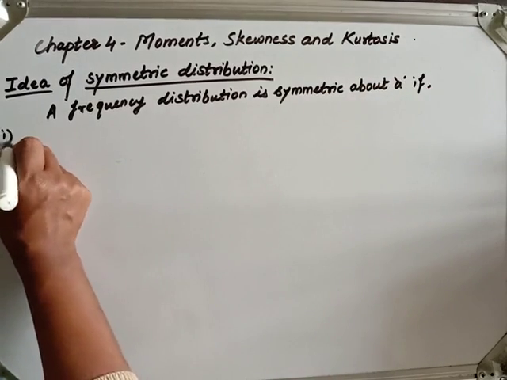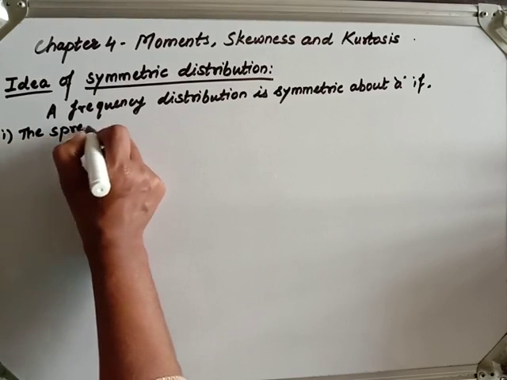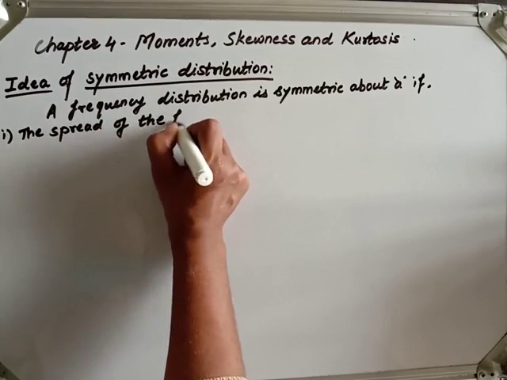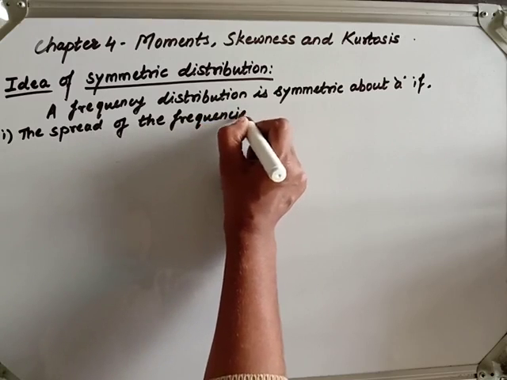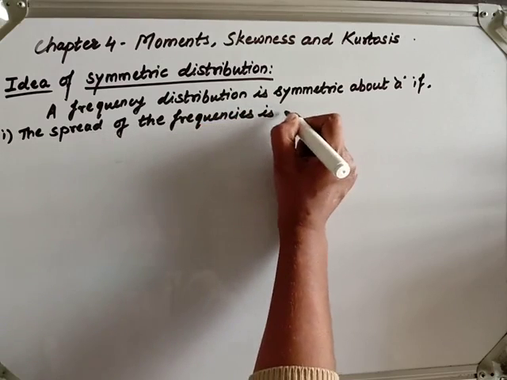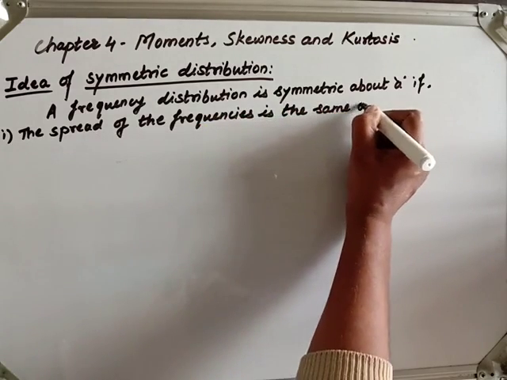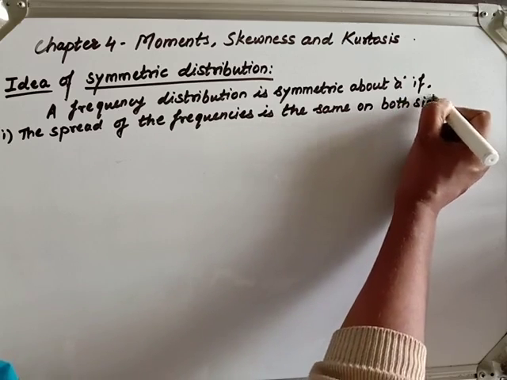The first condition is that the spread of the frequencies is the same on both sides. As I said earlier, we get a bell shaped curve.